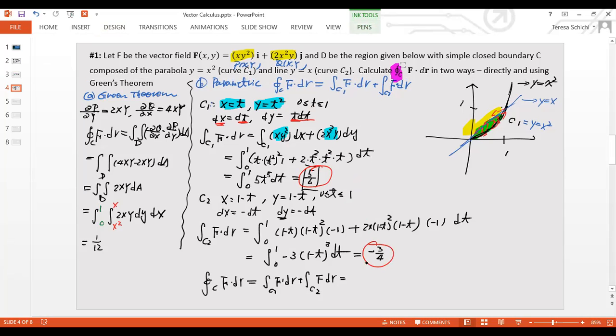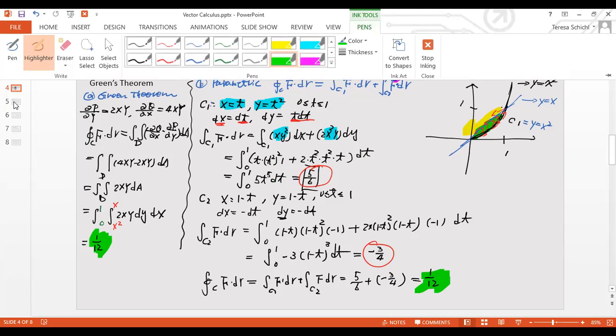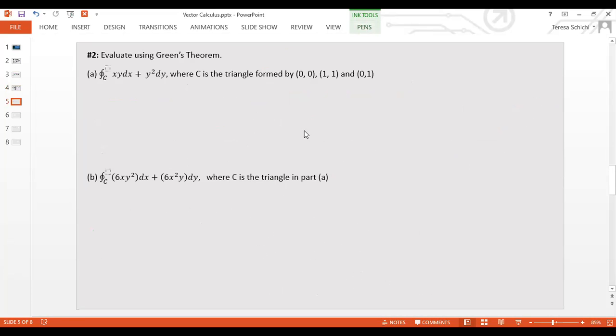That's 5/6 plus negative 3/4, so you will get 1/12. As you see, this one and this one give you the same answer. So with Green's theorem it simplified a lot compared to my previous parametric slides. Now let's take a look at the next example.